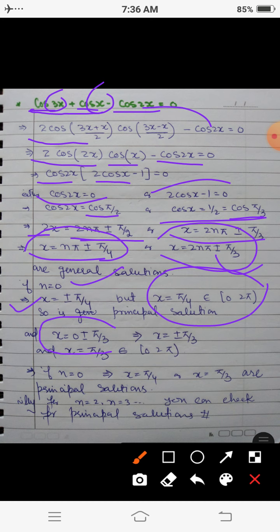But minus pi by 3 does not belong to this interval, so only pi by 3 belongs. So if n equals 0, x is pi by 4 or x is pi by 3 as the principal solutions. Similarly, you can check for n equals 1, 2, 3, and minus 1 by yourself.